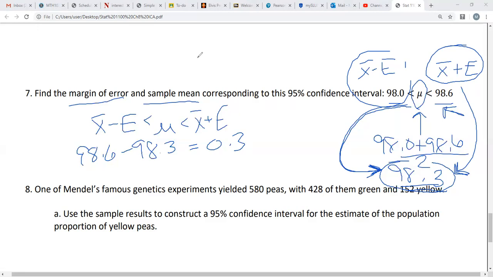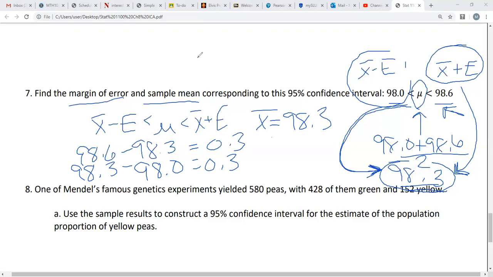So 98.6 minus 98.3 is 0.3, and 98.3 minus 98 is 0.3. So now I can see that x bar is 98.3, and our margin of error is our 0.3.